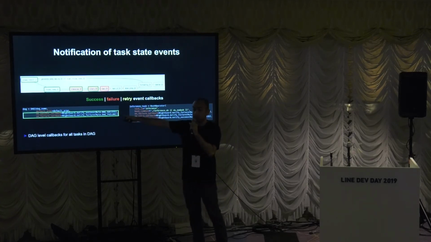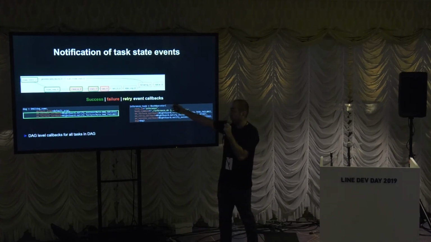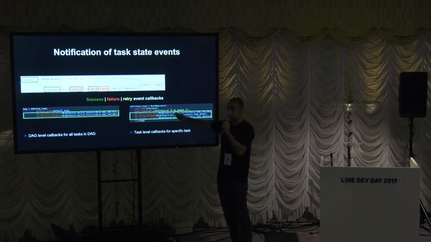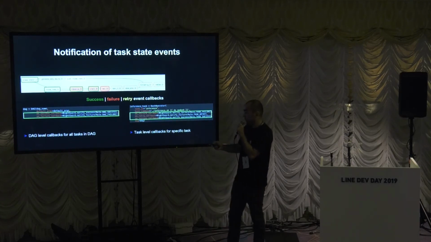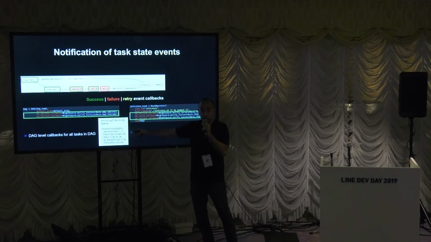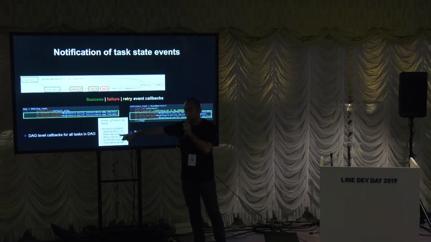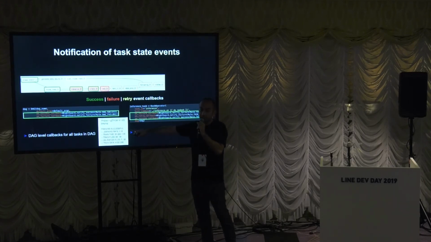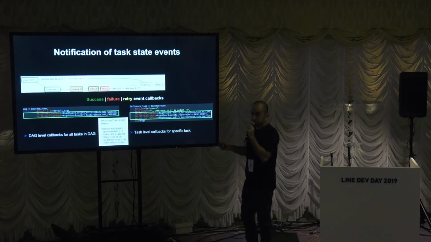You can have a success callback or failure callback for the DAG, or you can have the same callback at the task level. So this is more fine-grained, and this is DAG level. And then you can receive this kind of alerts. For example, training successfully finished, and training took 4 hours, for example, 22 minutes. And the learning rate was this one, for example. So this is very important, especially in the machine learning pipeline.